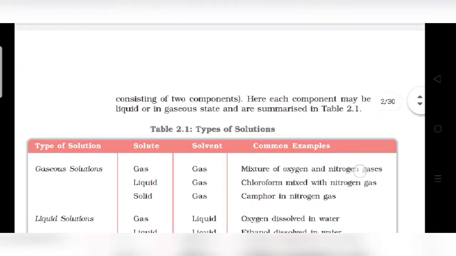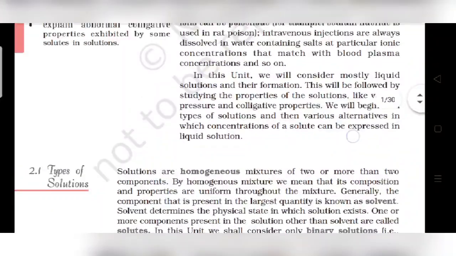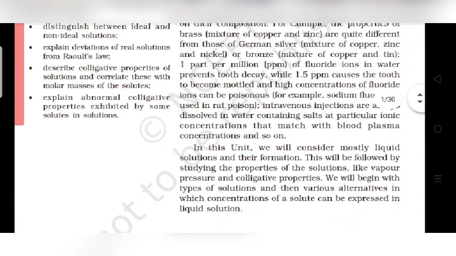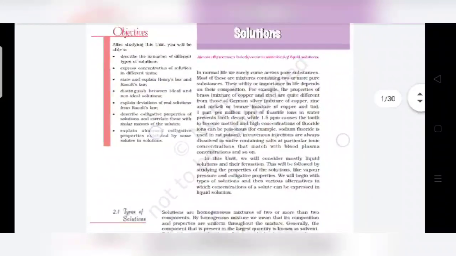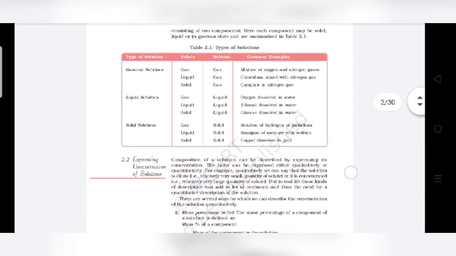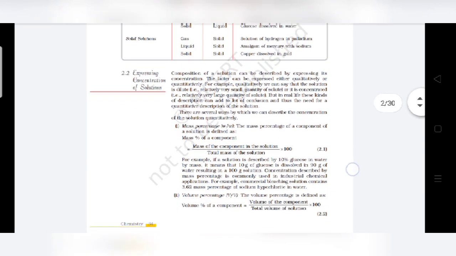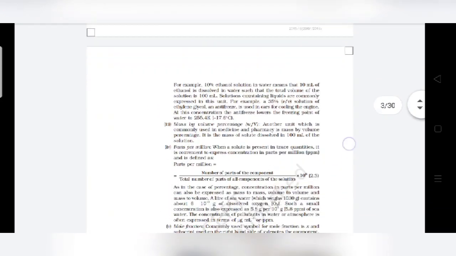Go through this properly. This is your textbook topic, and revise it properly. Make this types of solutions table in your notebook.